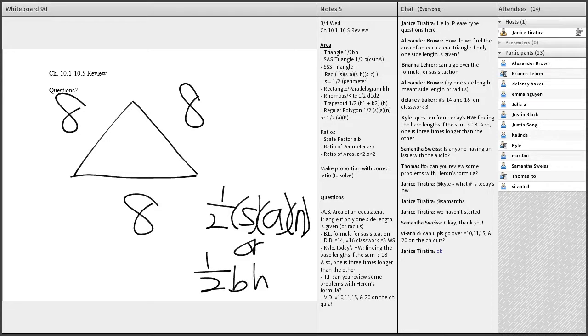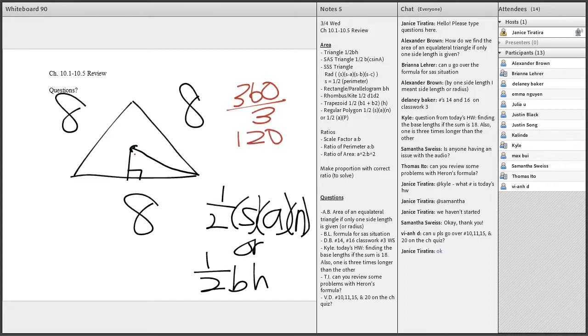Now, if you do the side length and the apothem and the number of sides, you must have a center, a dot, and then you make your apothem, which is 90 degrees to the side, and then your radius. This angle in the middle is going to be 360 degrees divided by the number of sides, which is 3.